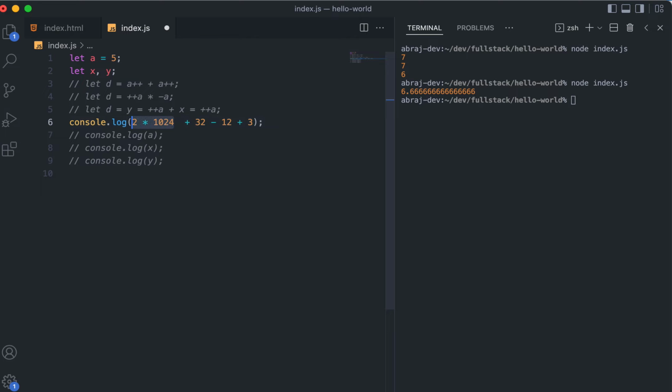This will be a huge number anyway, so whatever the computation is, it will be done here.